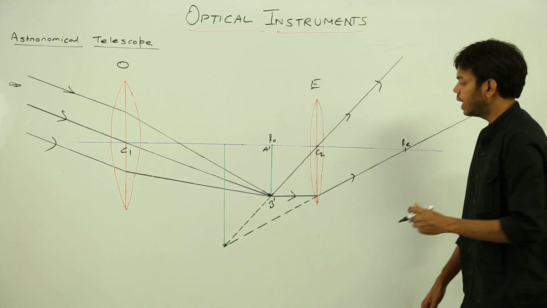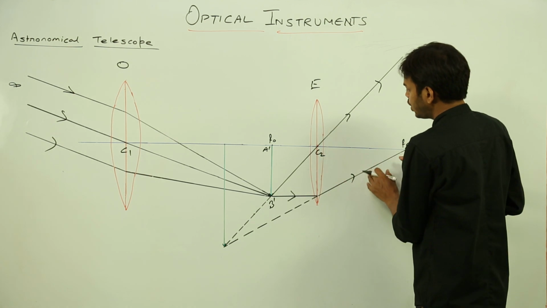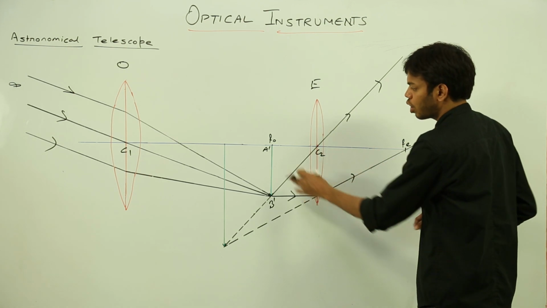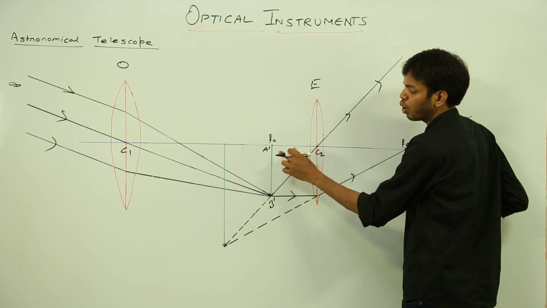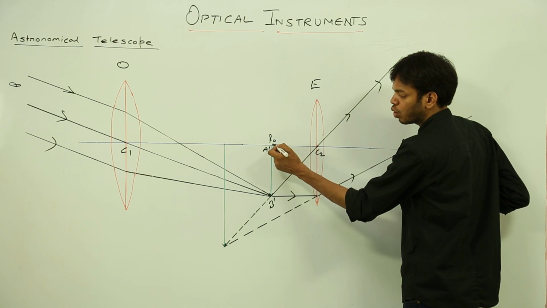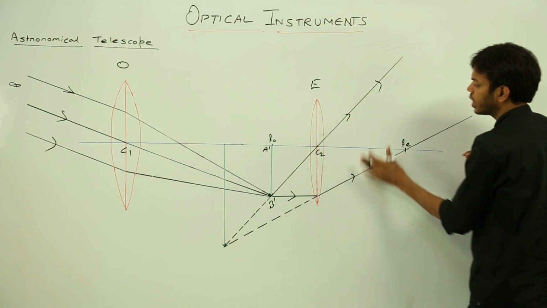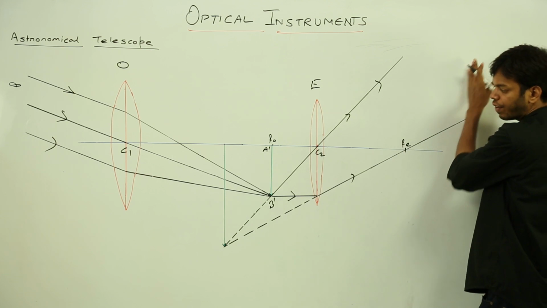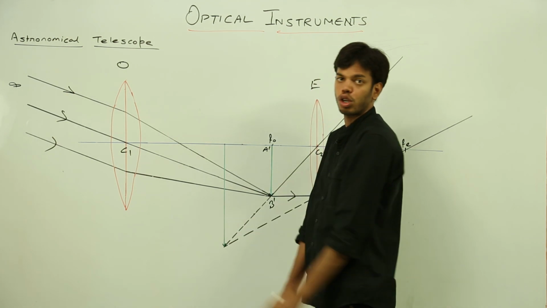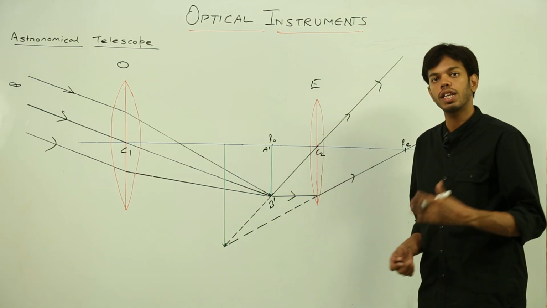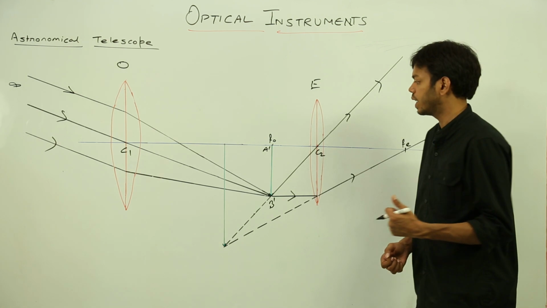In that case these two rays were becoming parallel because the object was at the focus of the eyepiece, because the focal points of the objective and eyepiece were coinciding, so these two rays were going to infinity and their projection was also going towards infinity. So we got the final image at infinity as well, right?